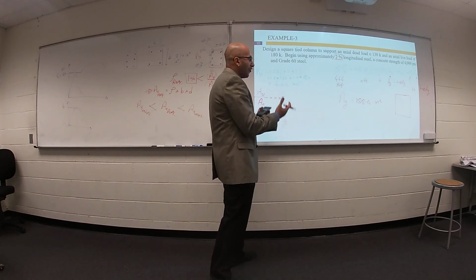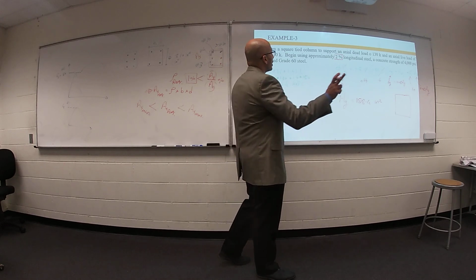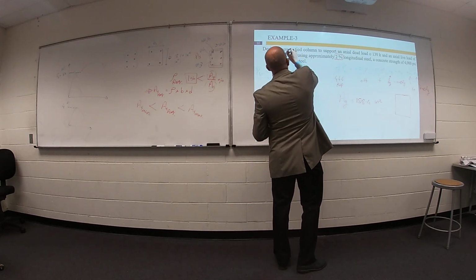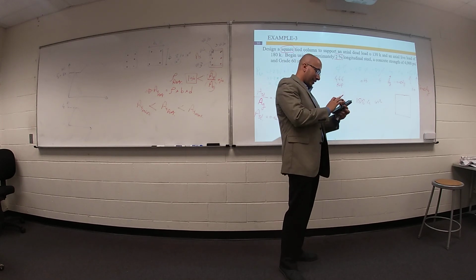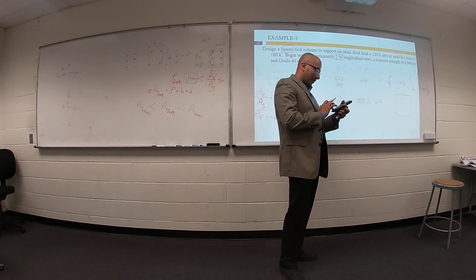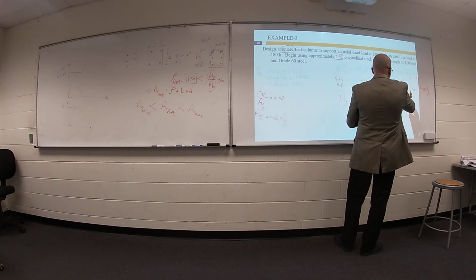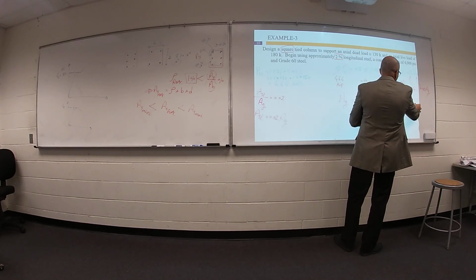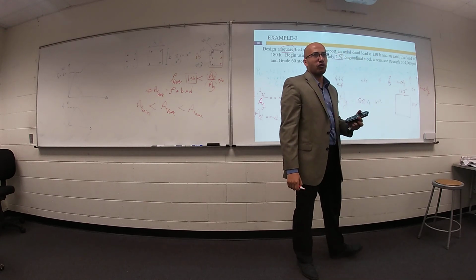I need to convert this area to two dimensions. Your column is a square column, so the square root of this value gives a dimension of 13.7 inches by 13.7 inches. Please round your number to an integer.